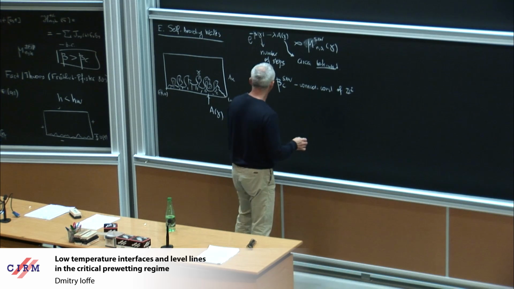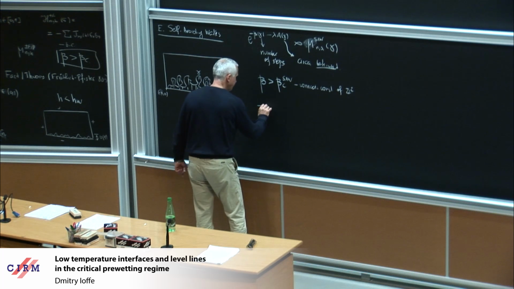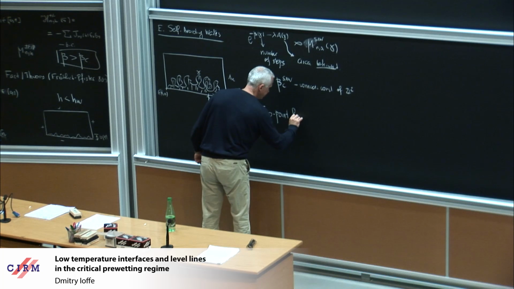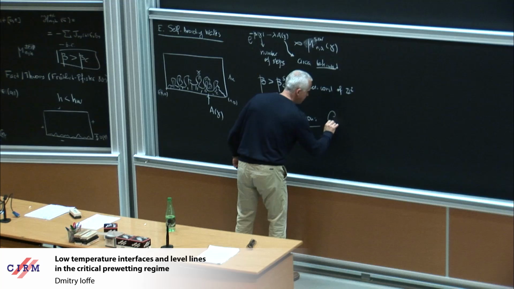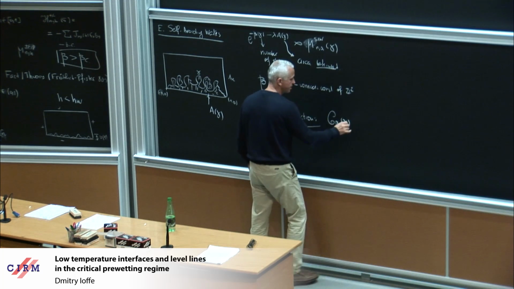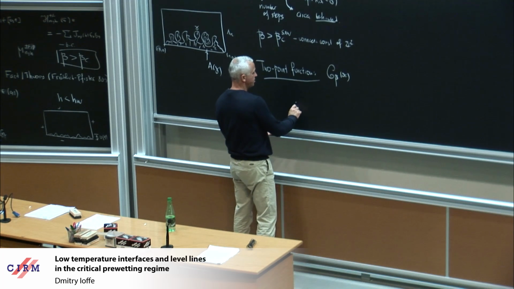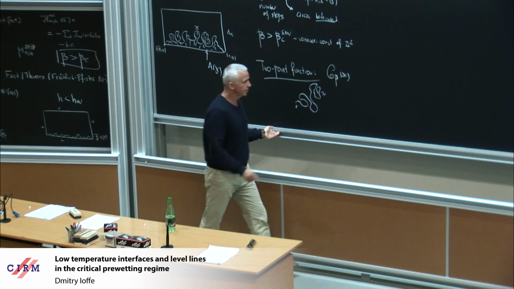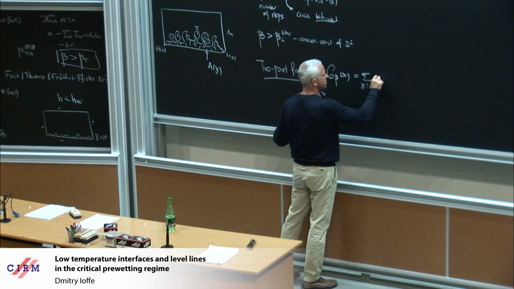So, okay, I have to explain what comes instead of surface tension. One can define a two-point function, say g beta of x. Take 0 and a point x; one considers all self-avoiding paths going from 0 to x, and this will be just the sum over all gamma from 0 to x of e to the minus beta.